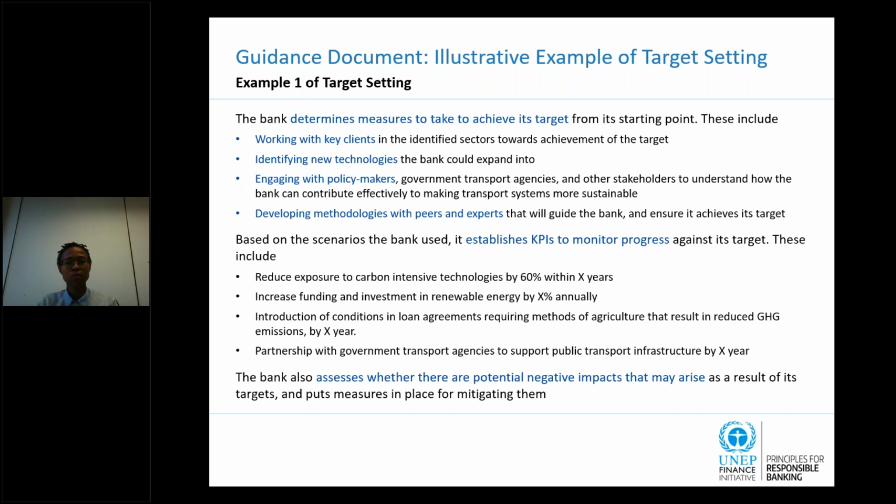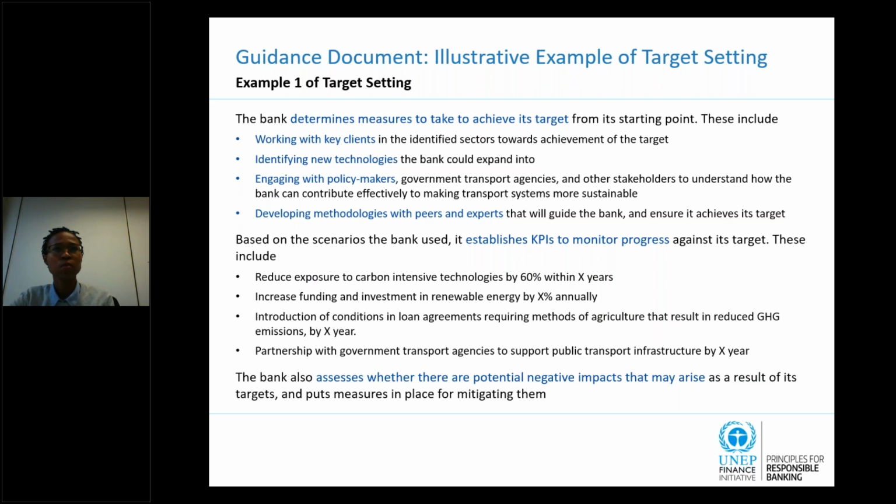And these KPIs, in this example, may include: reduce exposure to carbon-intensive technologies by 60% within X amount of years; increase funding and investment in renewable energy by X percentage annually; introduction of conditions in loan agreements requiring methods of agriculture that result in reduced greenhouse gas emissions by year whatever; and partnership with government transport agencies to support public transport infrastructure by X year.